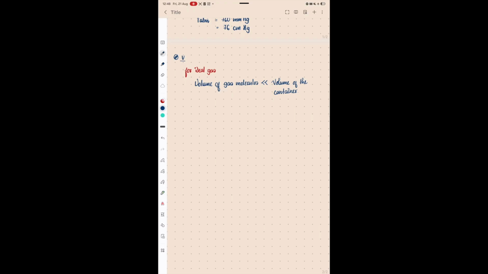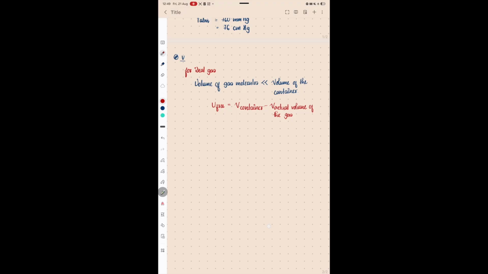So what I can write is that V free, the volume that is not occupied, is V container minus V actual volume of the gas.